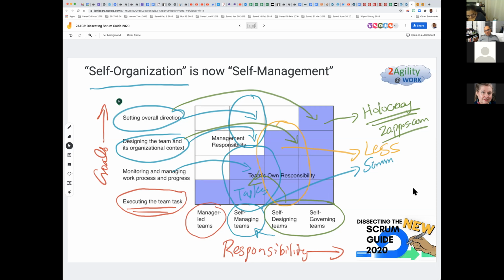Okay. So why do we want to allow the teams to monitor work progress and work process? If you look at self-managing teams, the reason we want the teams to monitor their work process and their progress is because they are the ones aware of what work they're doing.